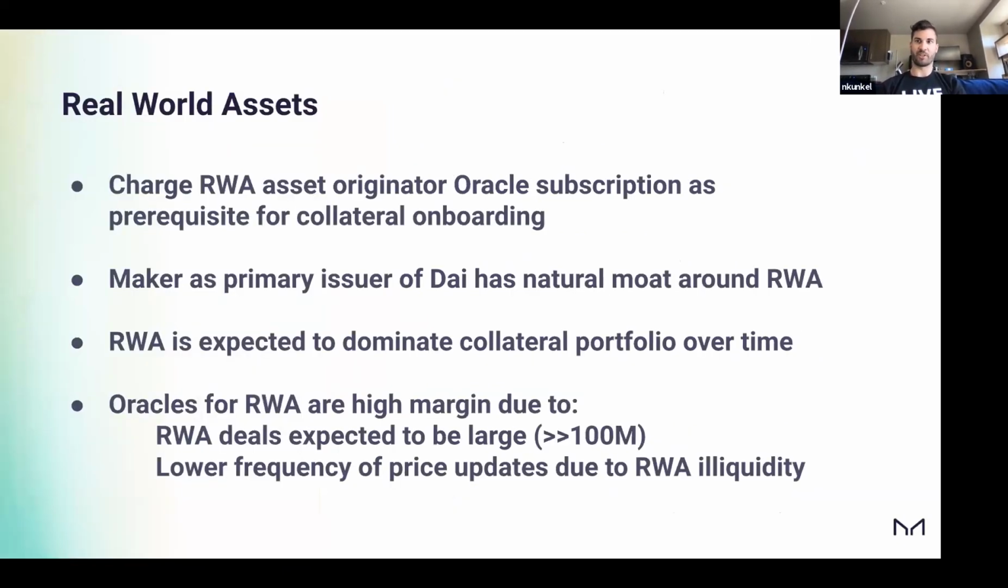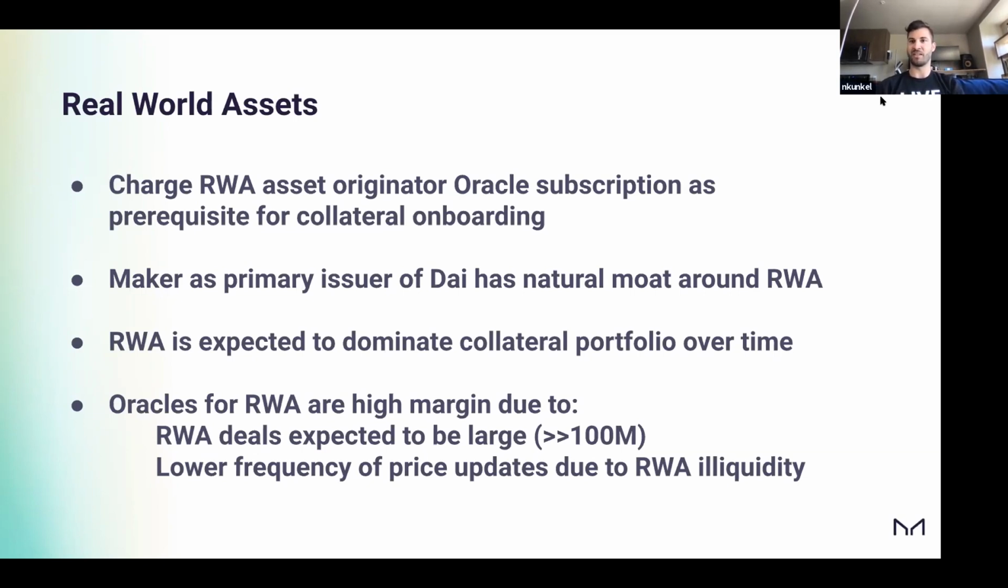So starting with real world assets, the business model here quickly becomes, well, Maker has this very natural moat around real world assets. And this natural moat really comes down to the fact that we have effectively zero cost of capital because we are the primary issuer of DAI.